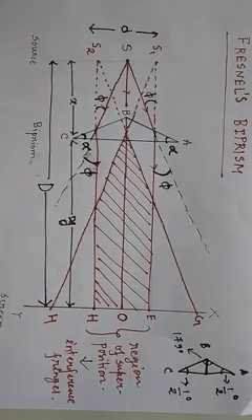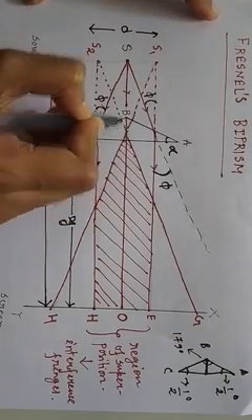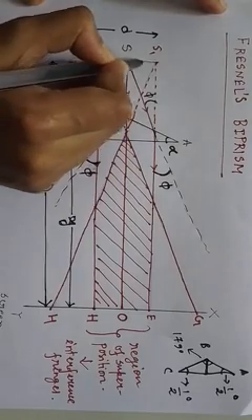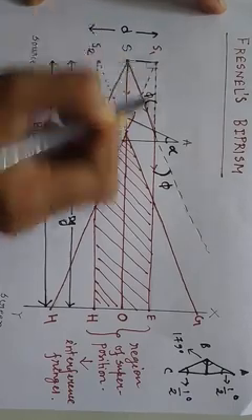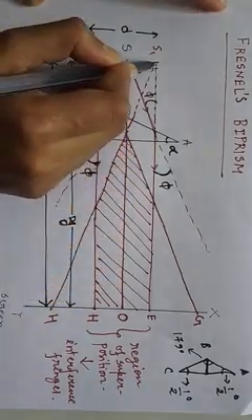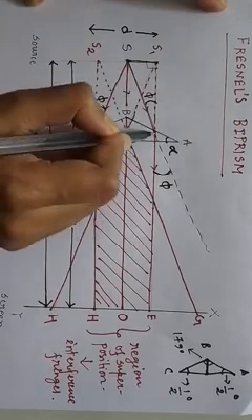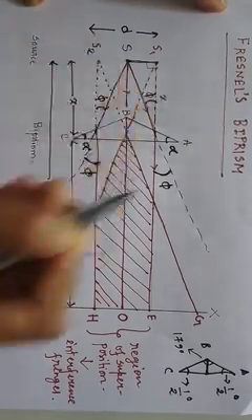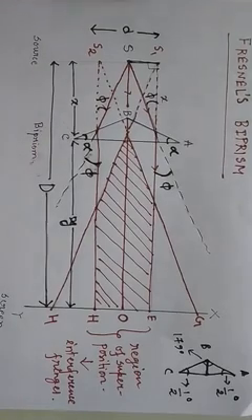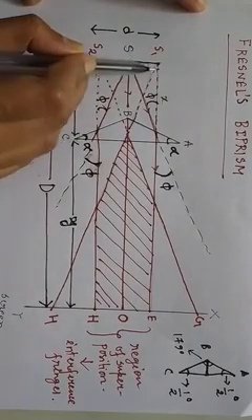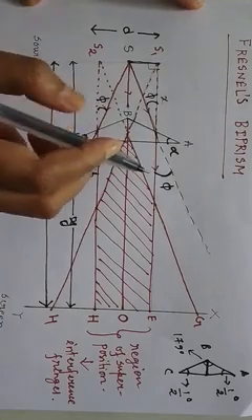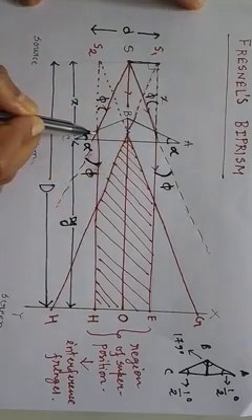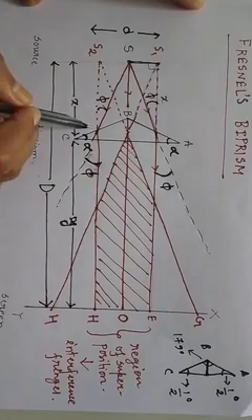Now see this right angle triangle. If you consider this much distance to be x, because the Fresnel Bi-prism is very thin, this much distance is almost equal to x.